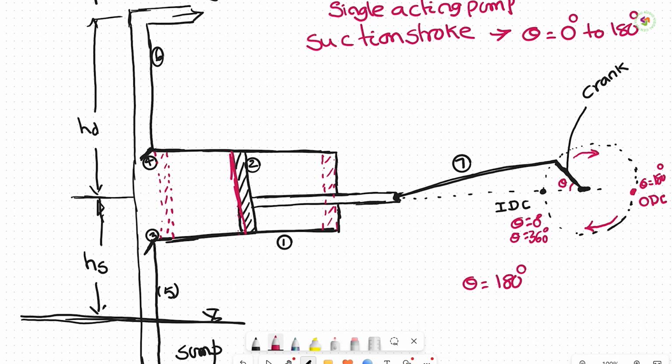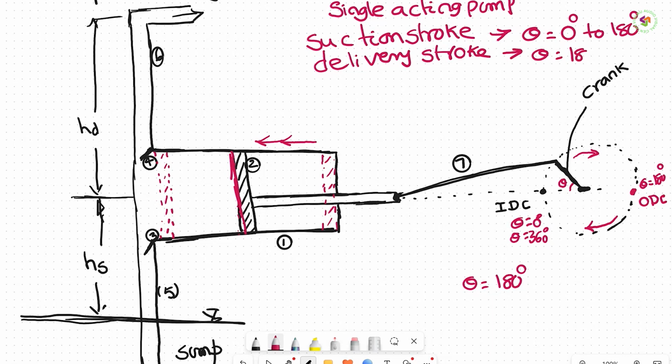The piston pushes the liquid forward. That means the piston moves from this position towards the left. So by the end of 360 degrees, which is nothing but theta is equal to 0, the piston has again reached the extreme left position. This is what we call the delivery stroke.